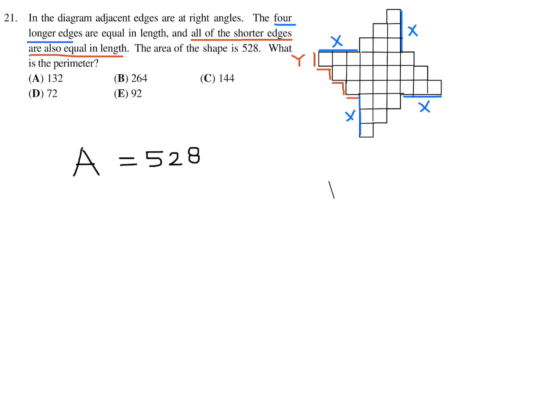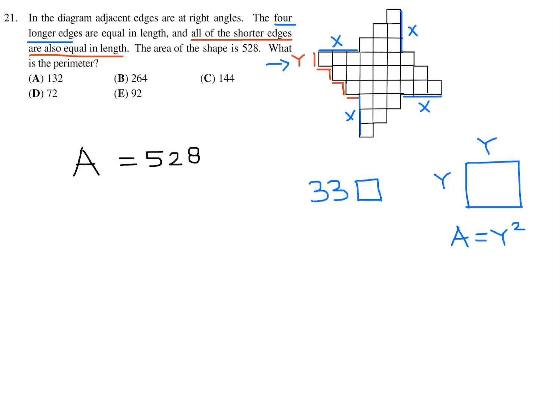And there are 33 of these identical squares. If you have a square, and we've denoted that the length is y, then all the sides are y, and therefore the area of the square is y squared.